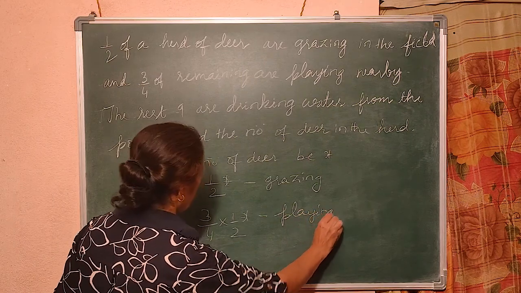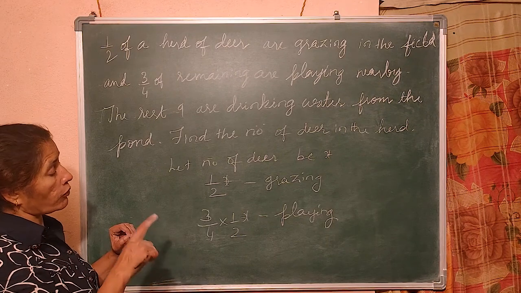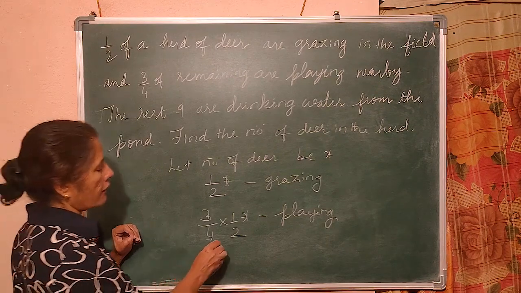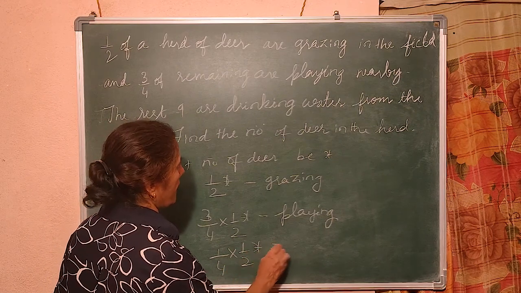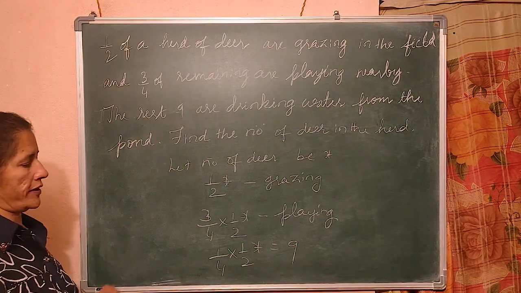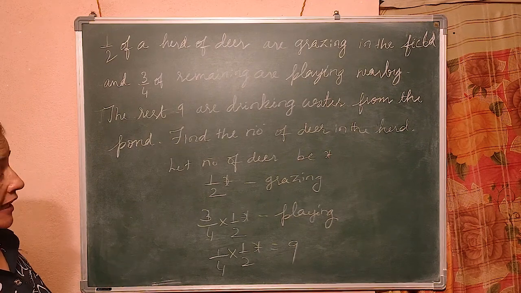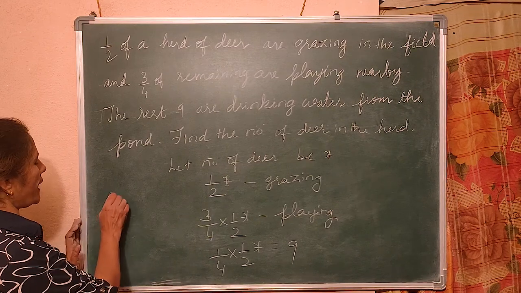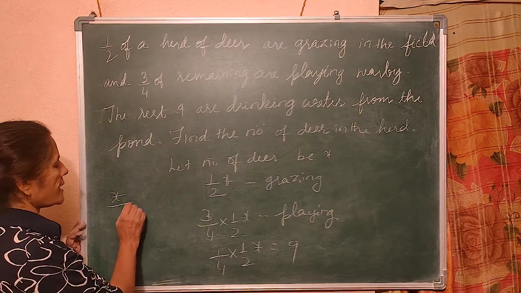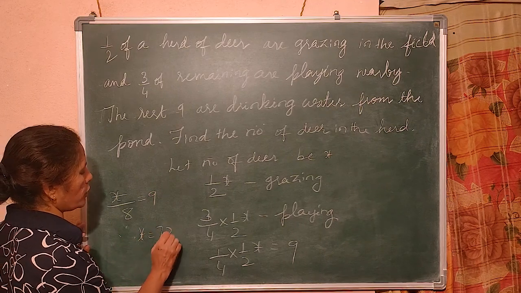And what are the remaining? 1/4 of half. That is equal to 9. They are drinking water. So, 9 are drinking water and they are 1/4 of half x. So, what do you get? x by 8 is equal to 9.